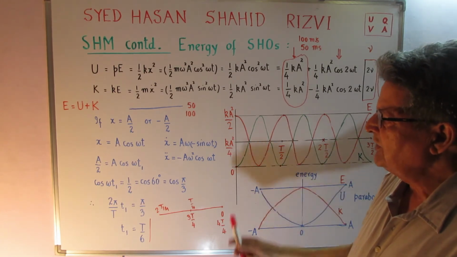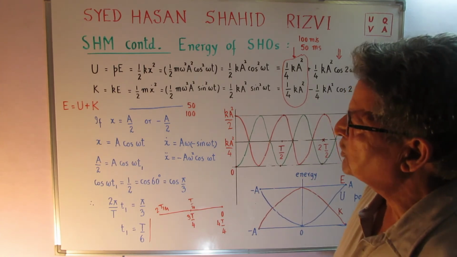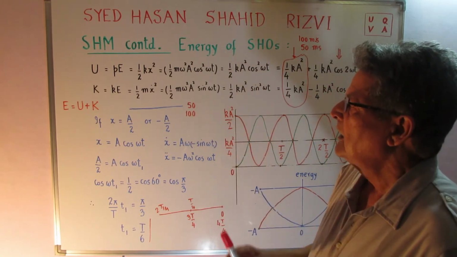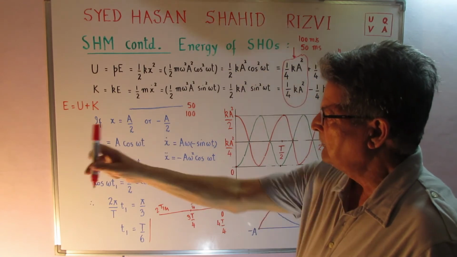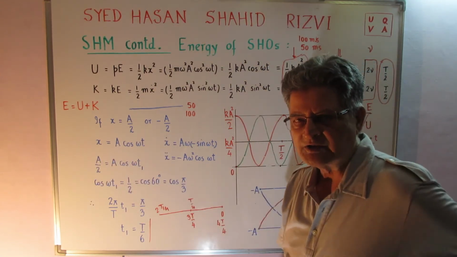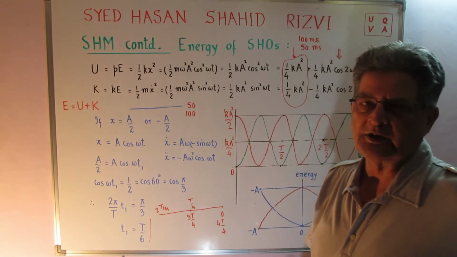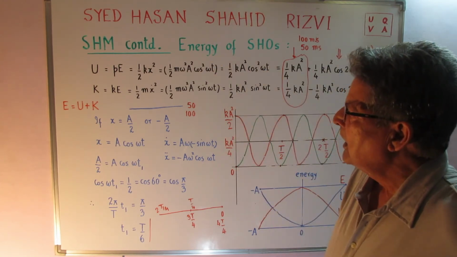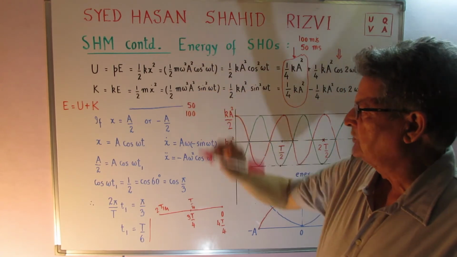Now I will just talk to you about the simple harmonic motion which we obtain with the help of an oscillating body in a straight line, caused by a massless spring which is attached to a rigid body. I have done that. F is equal to minus kx.